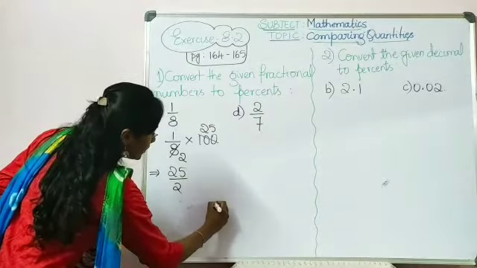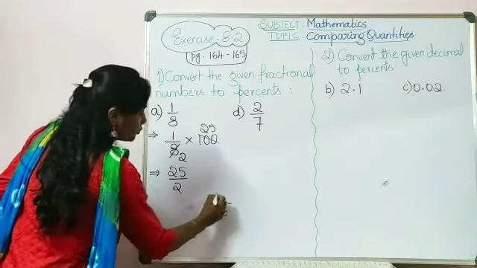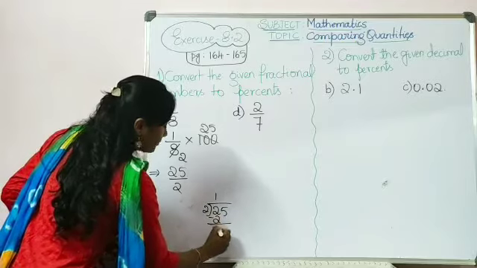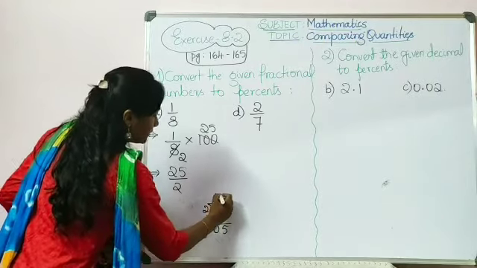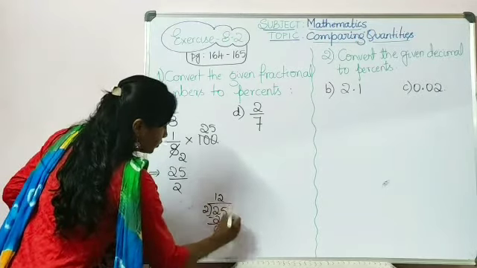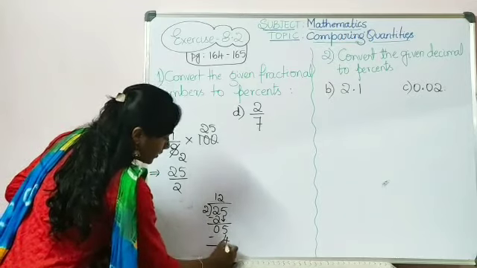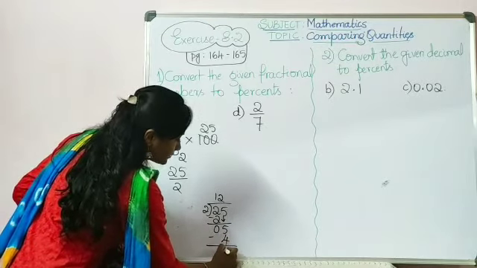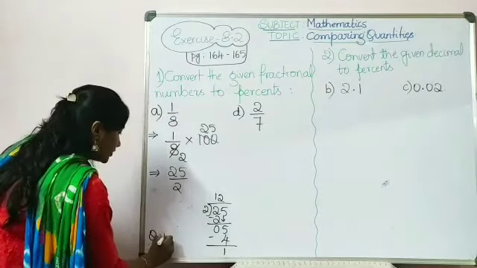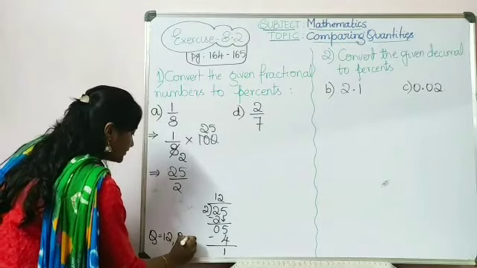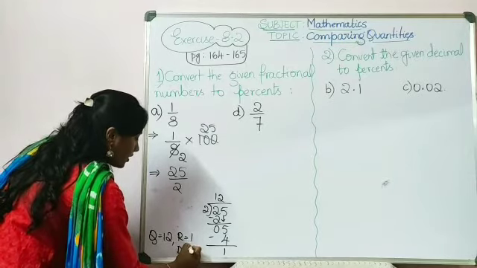So how do we find out? It is 25 divided by 2. 2 ones are 2. Subtract, we get 0. Then 5 as it is. Then 2 2s are 4, which is the nearest smaller number. Next, 5 minus 4 is 1. So here the quotient is 12, the remainder is 1 and the divisor is 2.